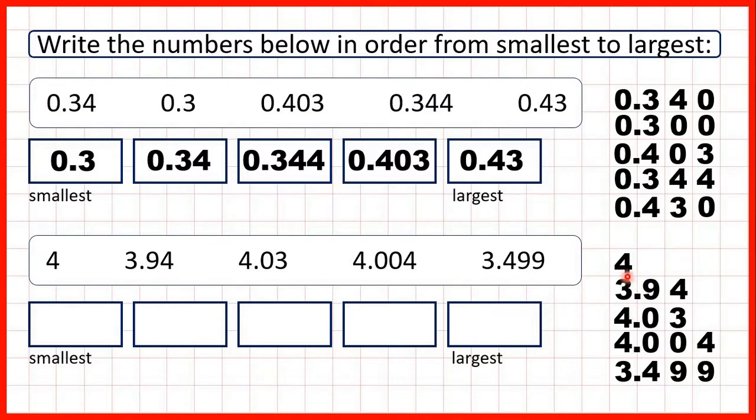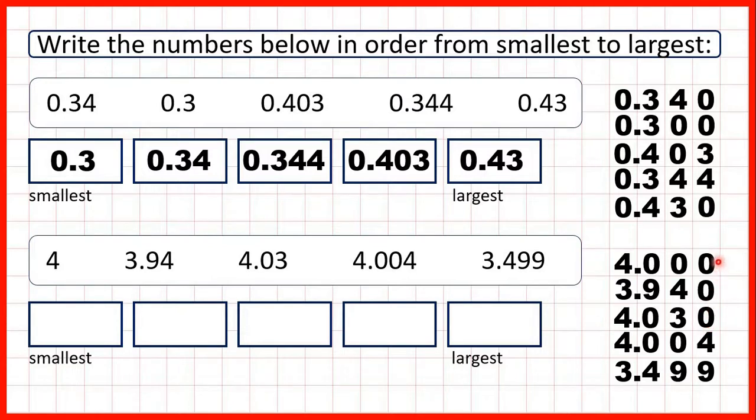Now whenever we have a whole number, we can write a decimal point and then zeros on the end without changing the number. 4.000 is the same as 4, because all the zeros tell us is that we don't have any extra tenths, hundredths, or thousandths. So we can write 0 in these empty squares as well.